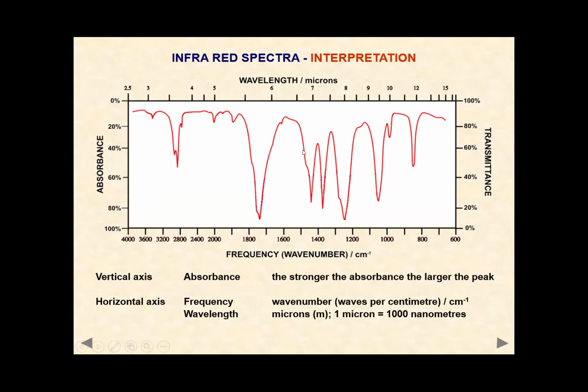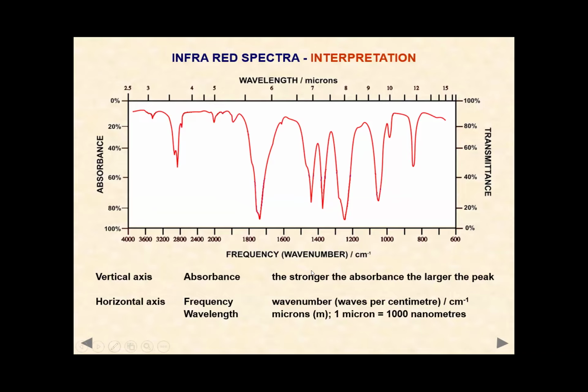And then these are the different peaks. Now, these peaks are characteristic of a compound. The peaks are made according to the covalent bonds present in the compound, right? So, vertical axis absorbance, horizontal axis frequency and wavelength.